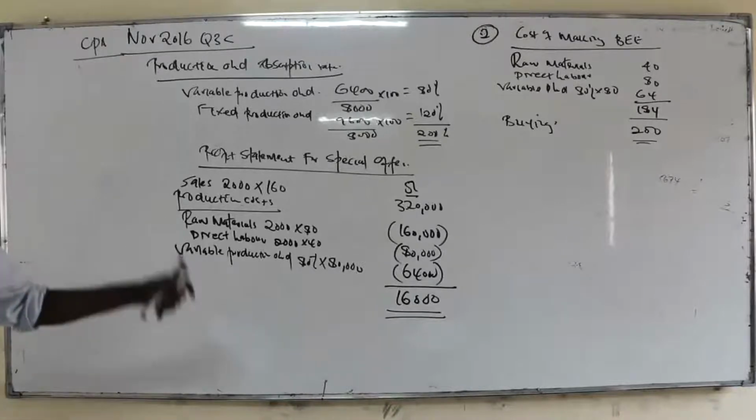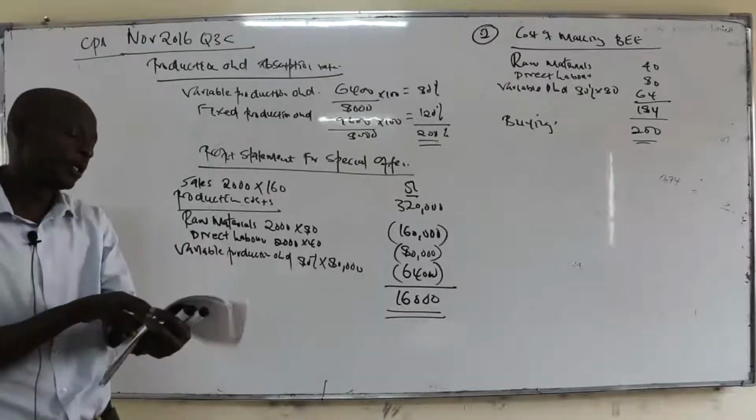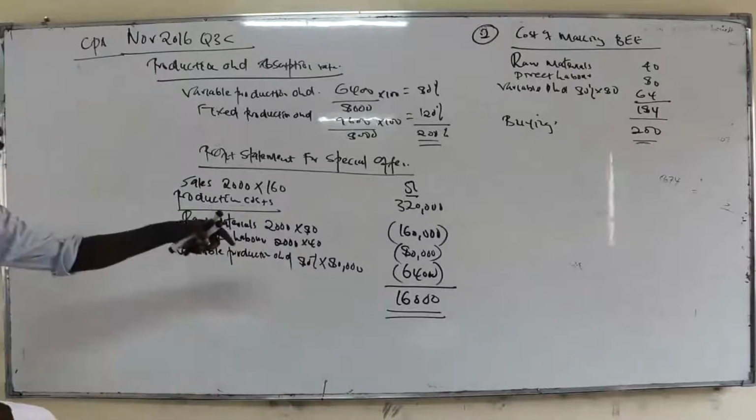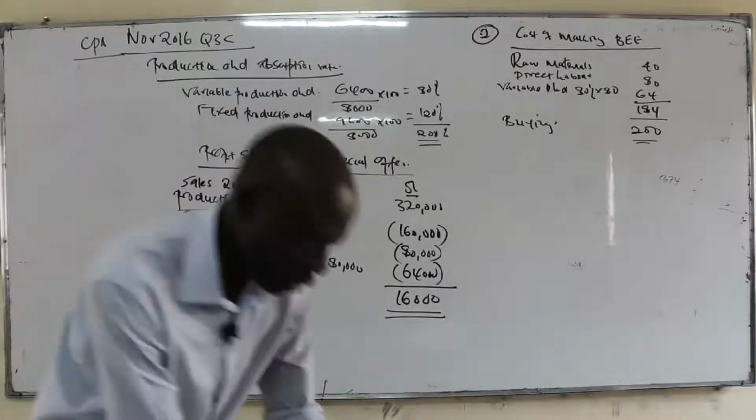So these are very easy questions to approach. That is a total of 12 marks. So we're looking at make or buy decisions.